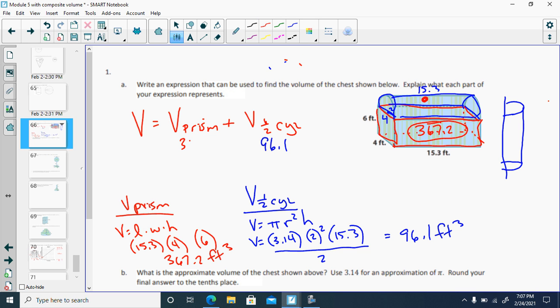Our prism was 367.2. This is 96.1 up here. Add those two together, 367.2 plus 96.1, and you get 463.3 cubic feet. Okay? That covers the volume of this figure: the volume of the prism plus the volume of half of a cylinder.